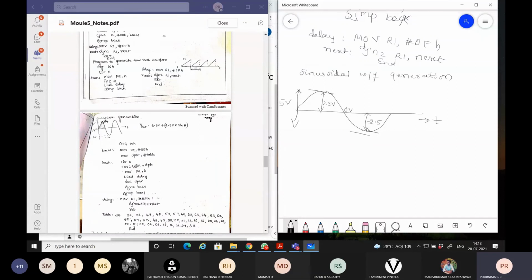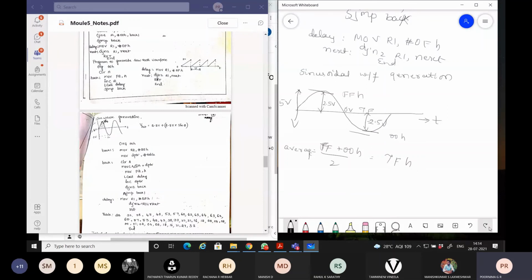But when generating using the microcontroller, minus 2.5 volts will be equal to 00H and plus 2.5 will be equal to FFH. Therefore the average, FF plus 00H divided by 2, will be 7F. This average value we have to keep as 7FH.